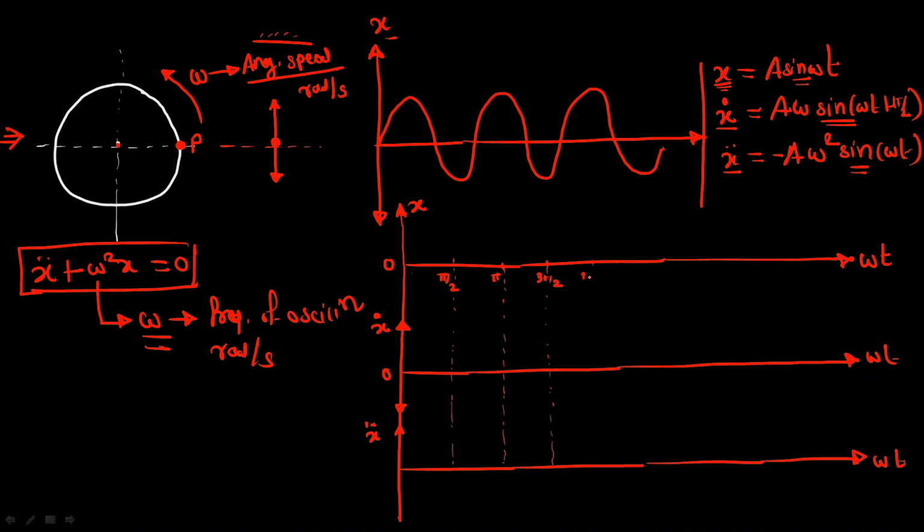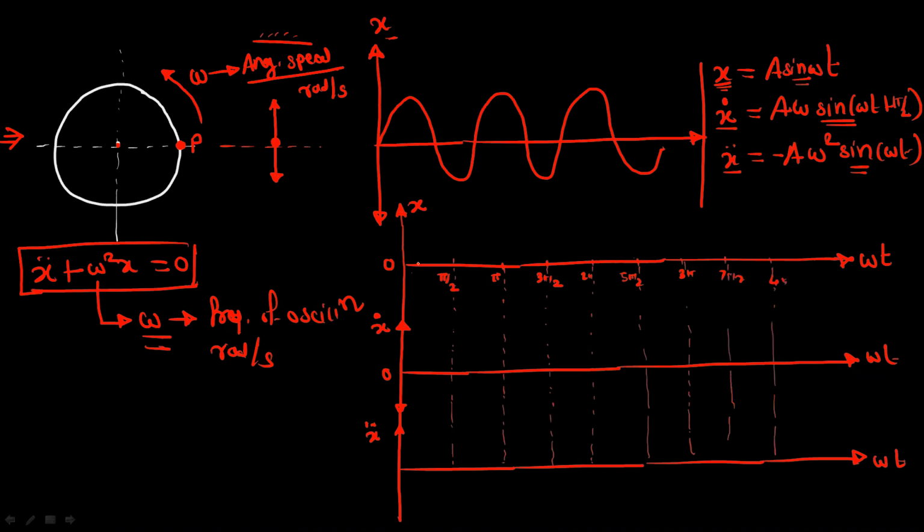Then 2 pi. So this is one complete revolution or one oscillation. And you can repeat the same values. So after 2 pi, it will be 5 pi by 2, then 3 pi, after that 7 pi by 2, and last will be 4 pi. So this is two complete revolutions.